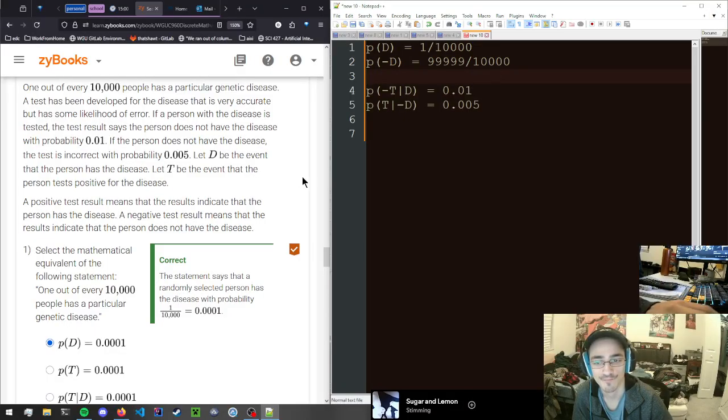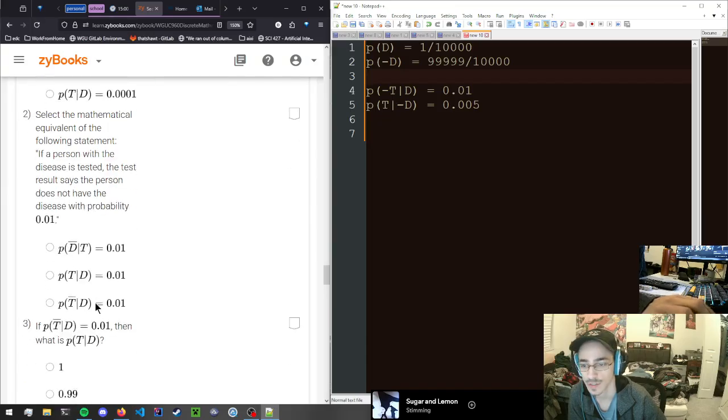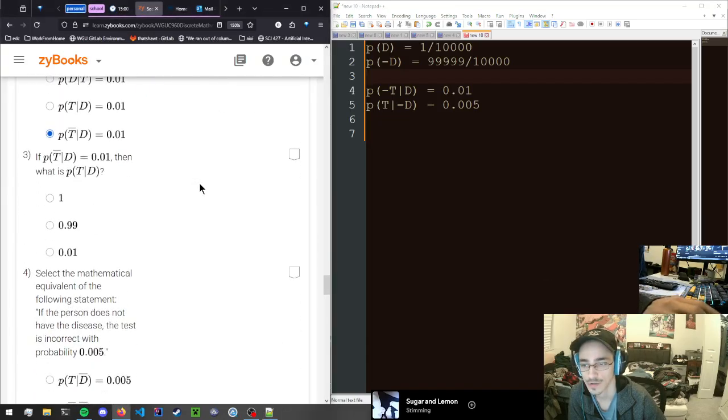Let's see. So if a person with the disease is tested, the test result says that they do not have the disease. That's this one, right? So they're saying, what is TD if this is a thing? So isn't it this one?